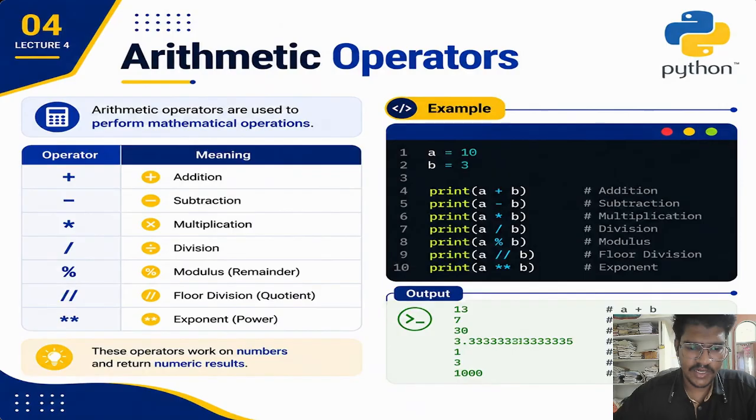If you need an integer, just use the double slash. If you use slash, it will always give you a float value, so 10 divided by 2 will give 5.0. If you want an integer, you can use double slash for floor division.